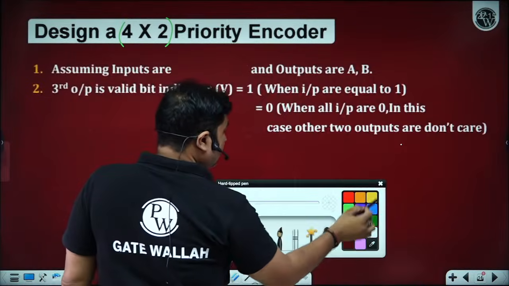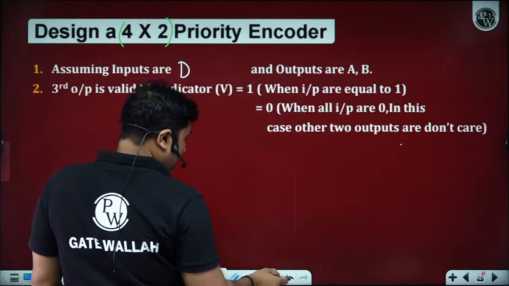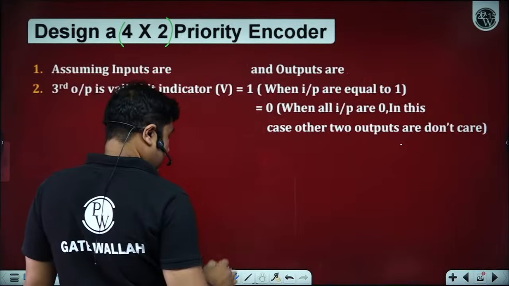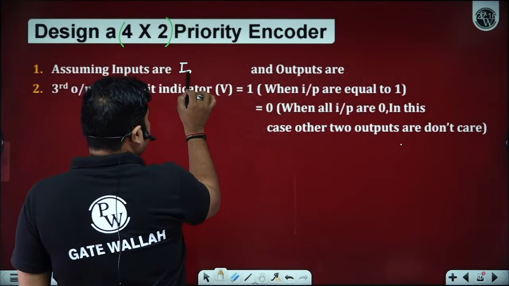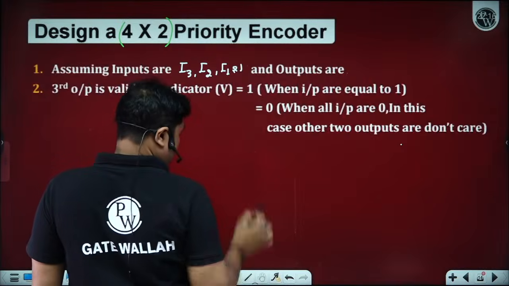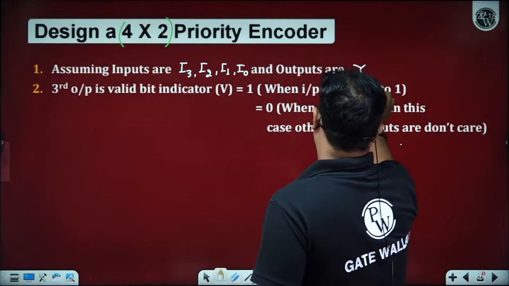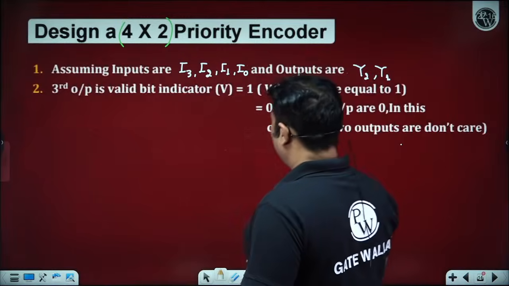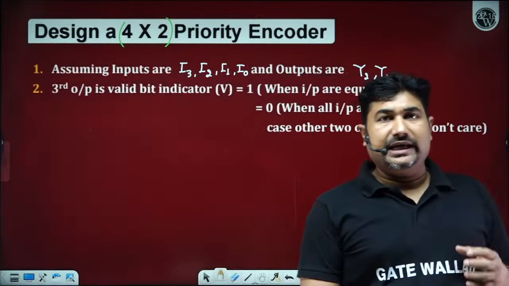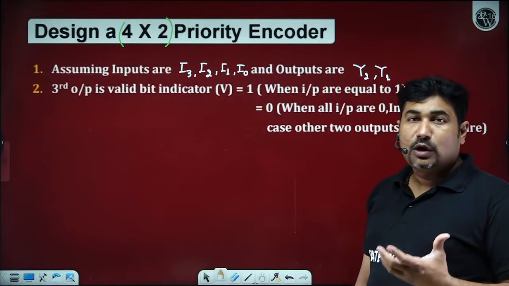Assuming the inputs are I3, I2, I1, I0 and the outputs are Y1, Y0. A priority encoder includes one more output called the valid indicator.